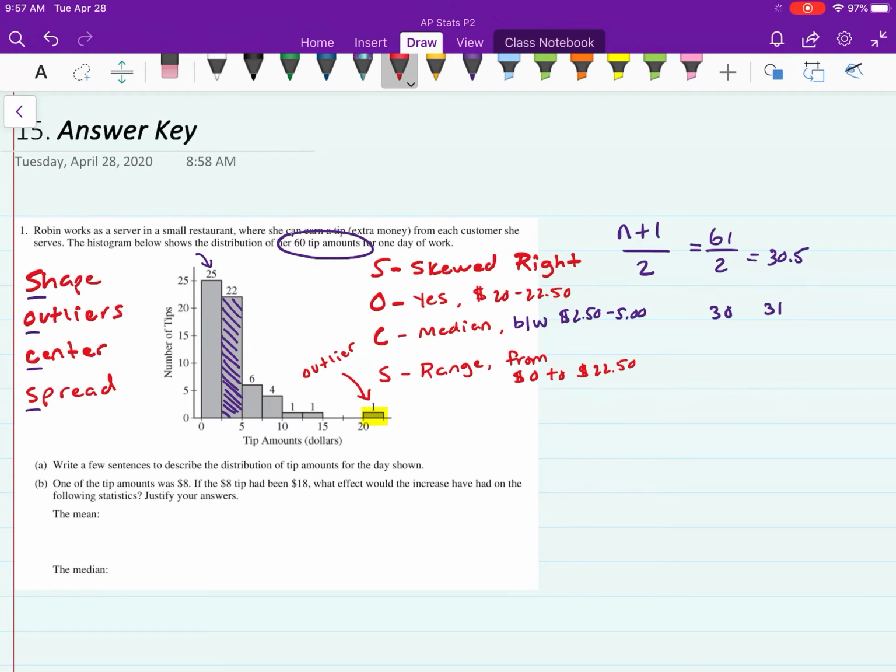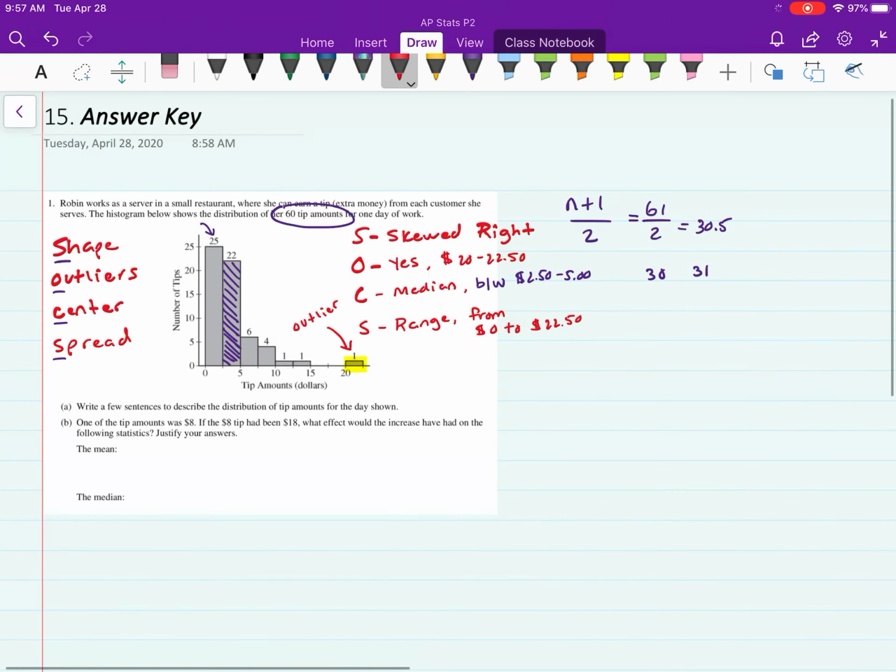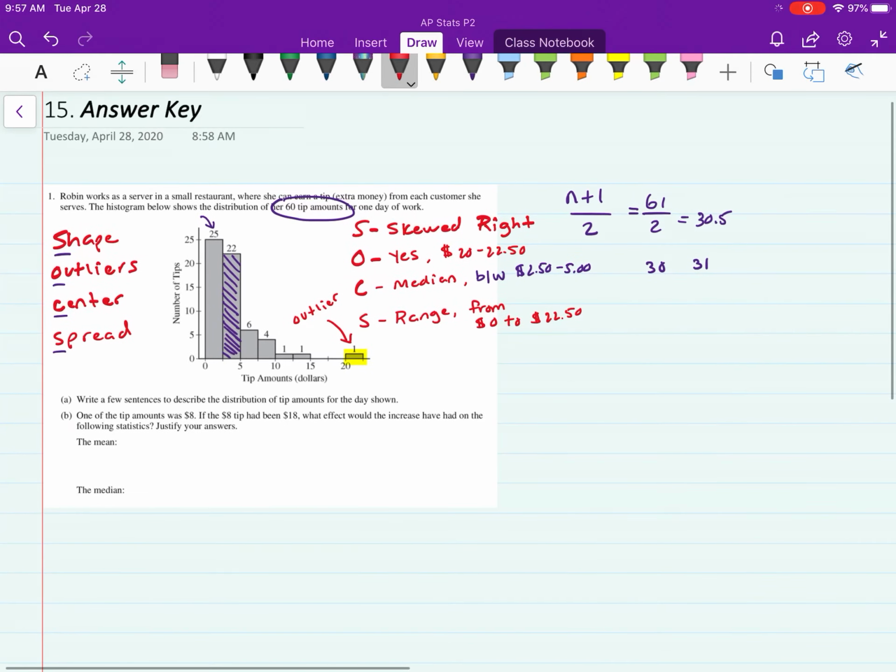So, you can go ahead and fast forward if you want to just read the end, or you can pause it and write your own paragraph and check it. Let me just write this down here.